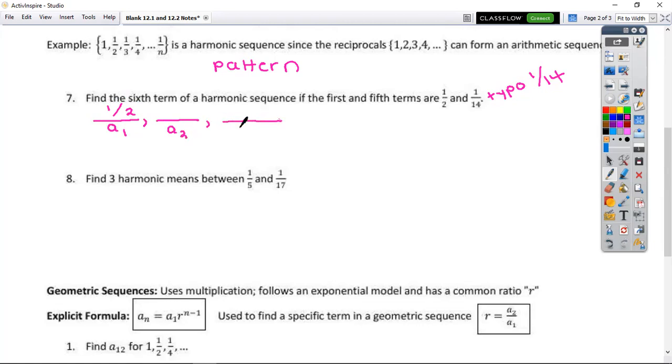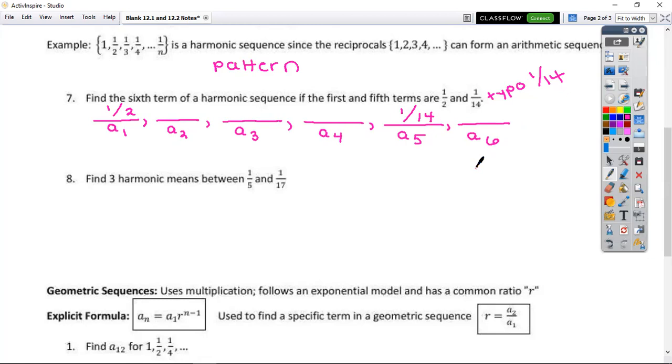And term number 3. And term number 4. And term number 5. I think we were given 5. Yes, that's 1/14. And term number 6, you are looking to find, and you're probably going to need the ones in the middle anyways, but it's good practice to find them.